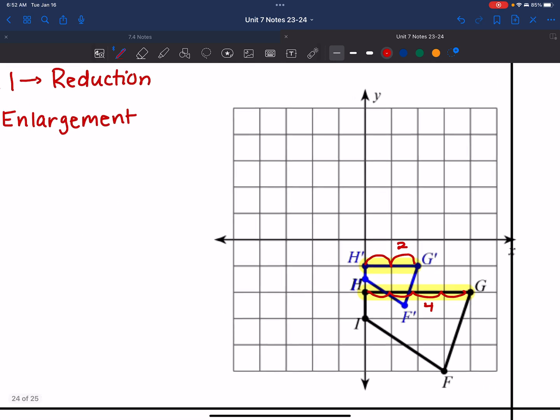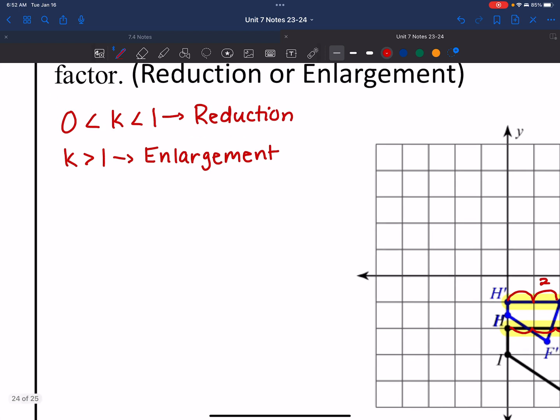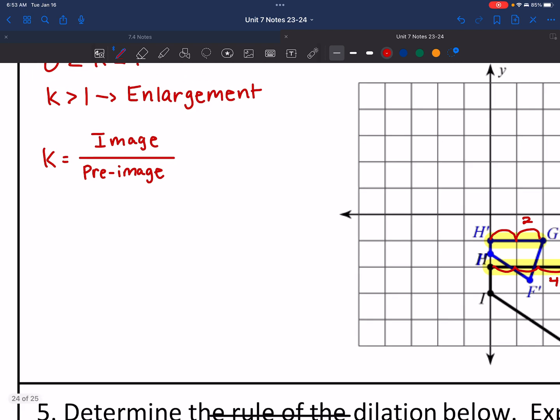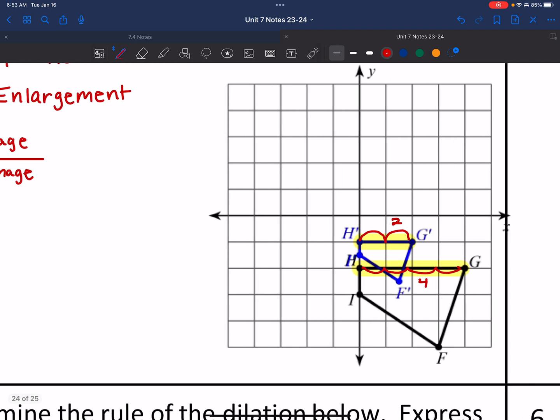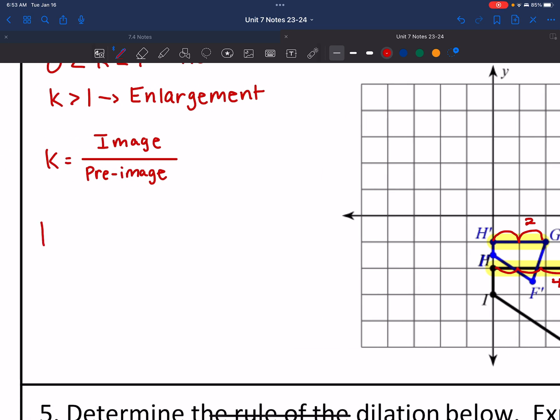And in order to get our scale factor, K is equal to image divided by pre-image. And so if my image is 2, my pre-image is 4, then my scale factor is going to be 2 over 4, which just reduces to 1/2.